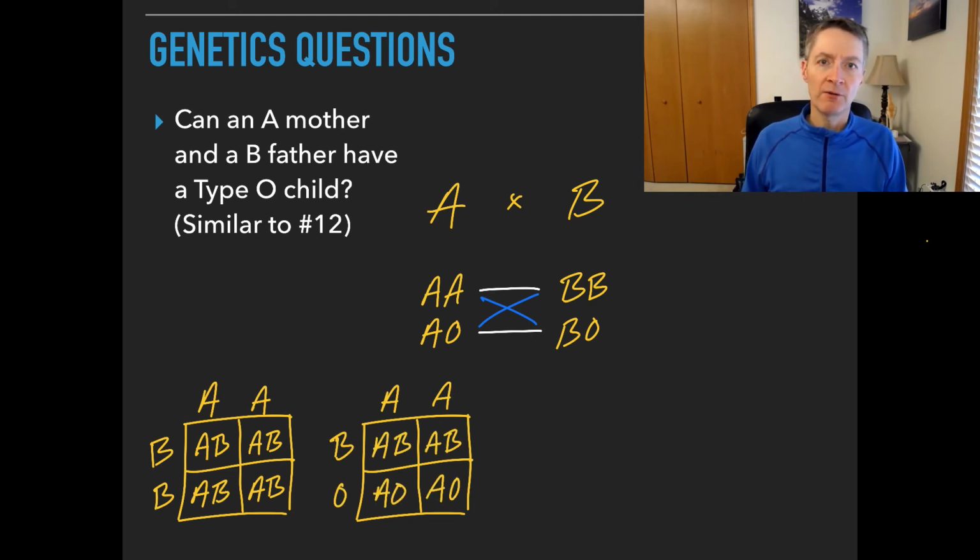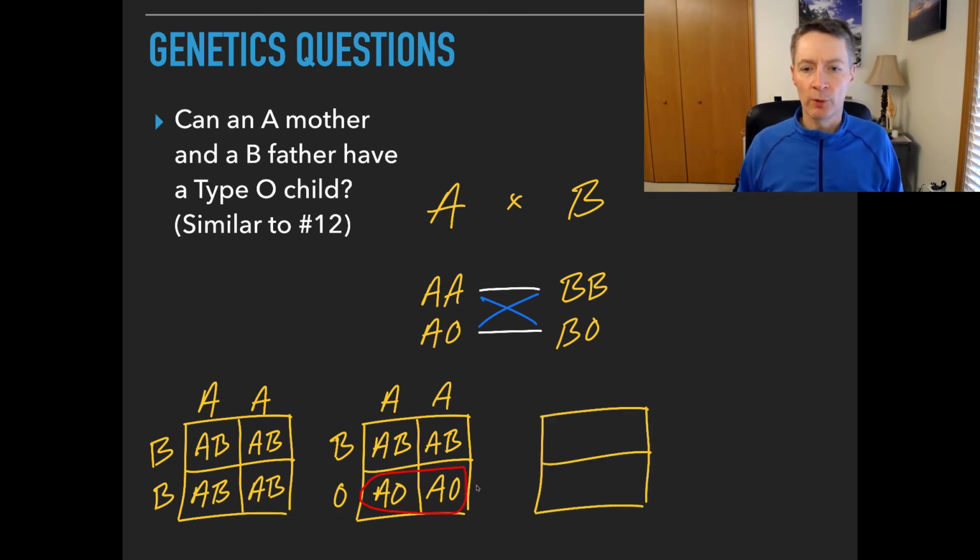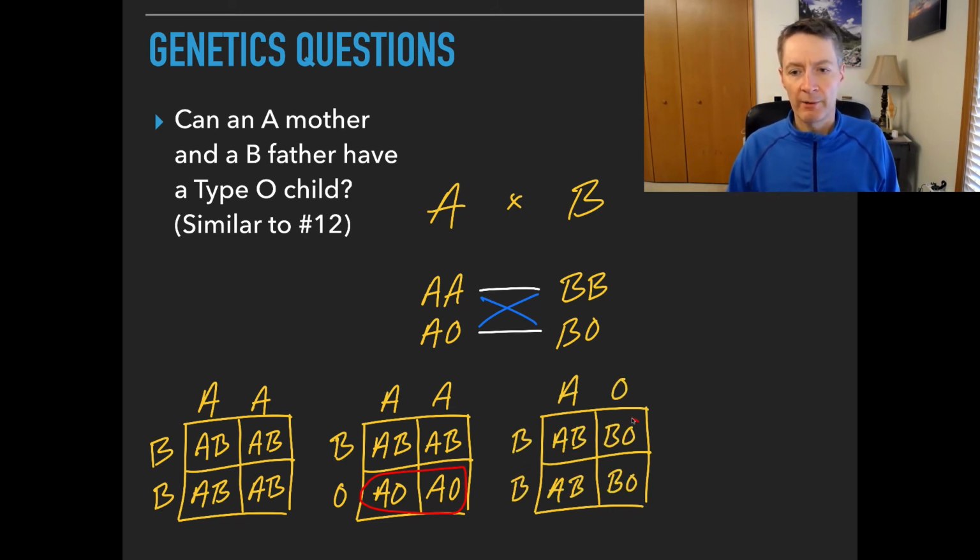And now I see a few, let's go with red here so you can see this. Now I see a few situations where the children are not AB. Now I do the next one with AO and BB. Now I see some that have type B blood, okay?